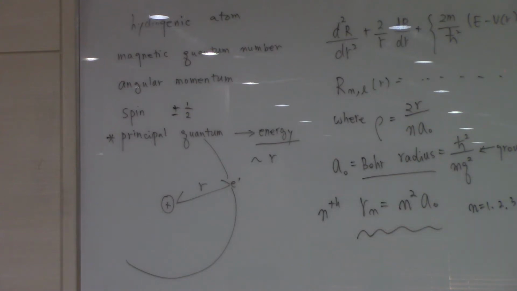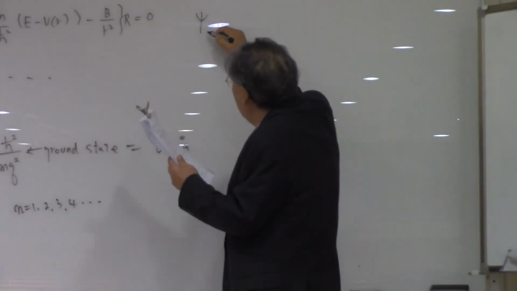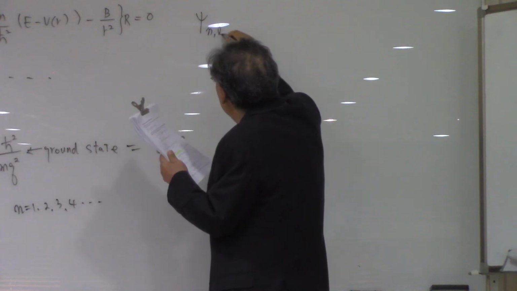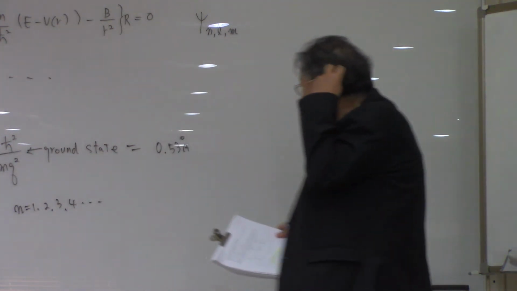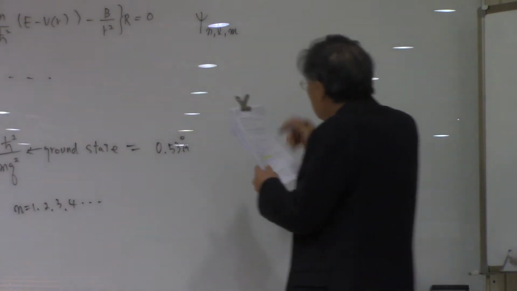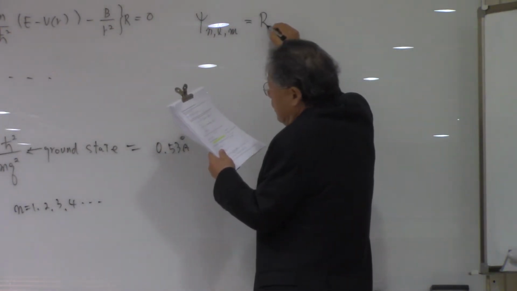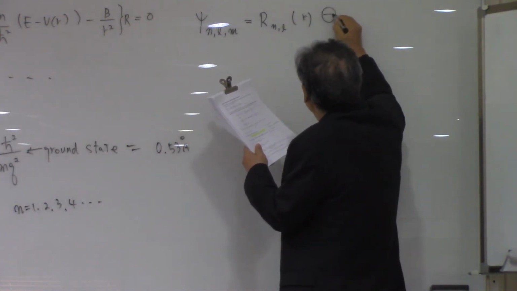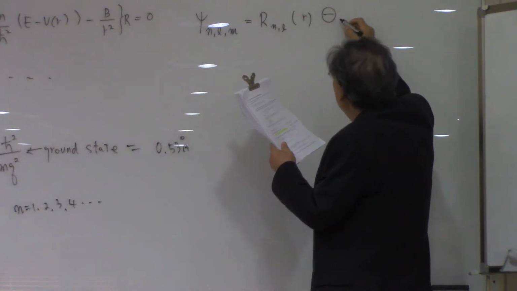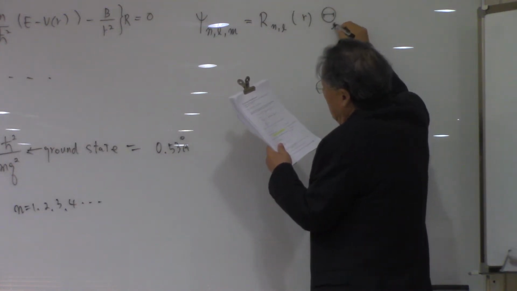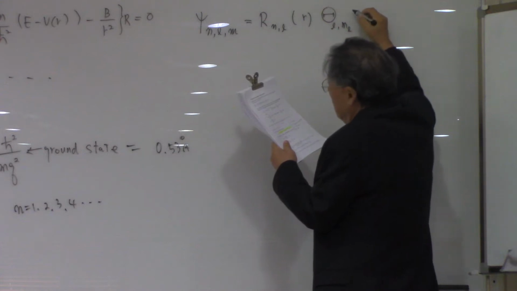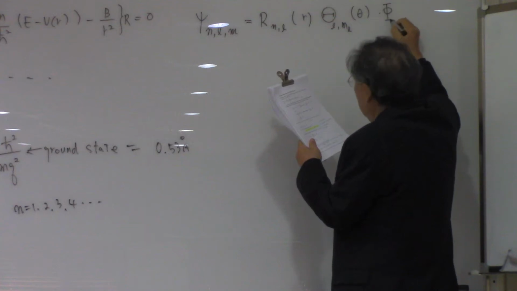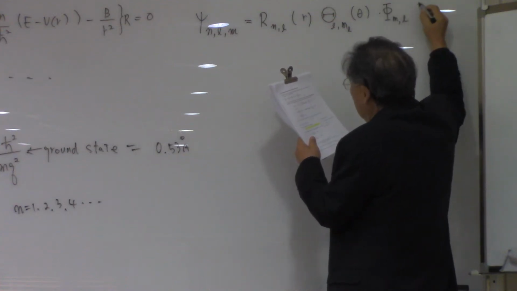So finally, we can say the psi wave equation for hydrogenic electrons is going to be R, theta with l and m_l, and phi with m_l.